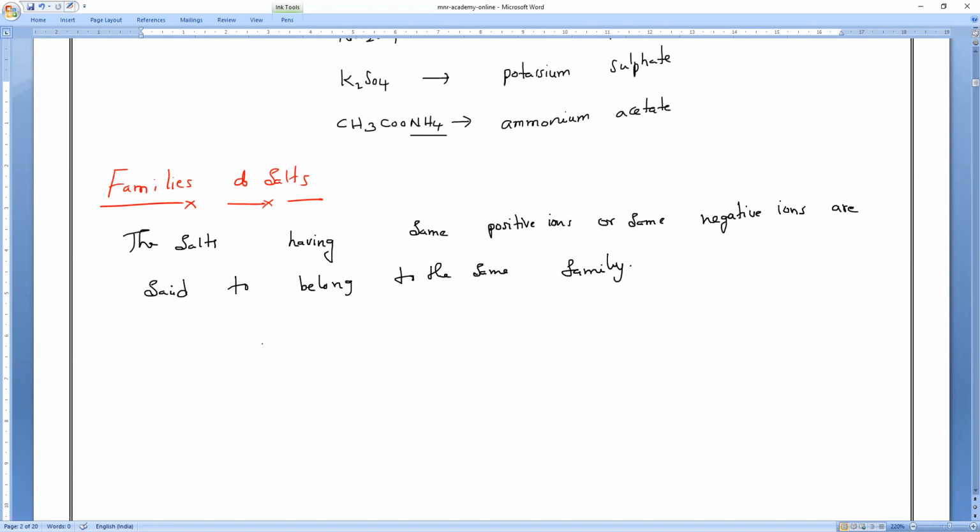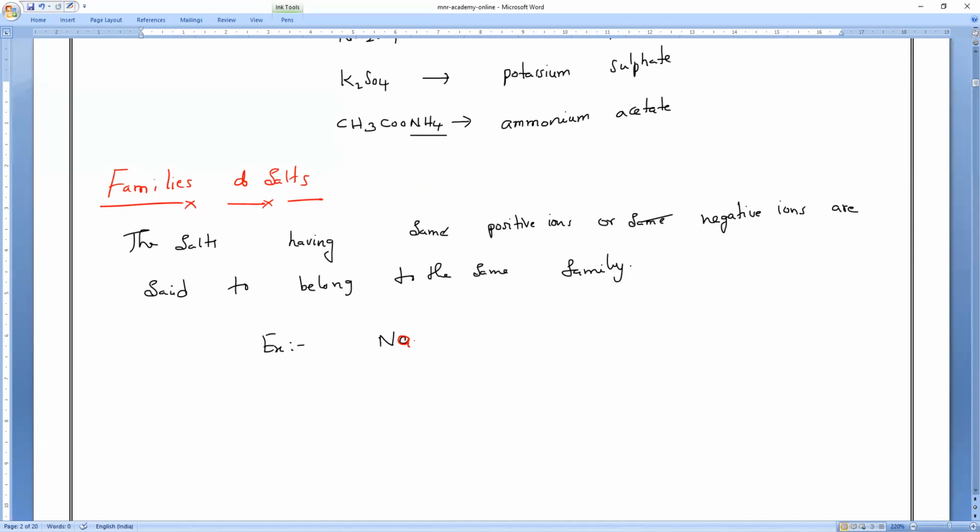Now, example. If you take sodium carbonate, Kaushik, tell me the formula of sodium carbonate. Let me see, you'll say error free or not. Sodium carbonate. NaCO3, sir.